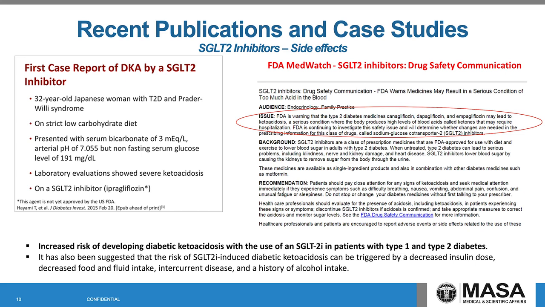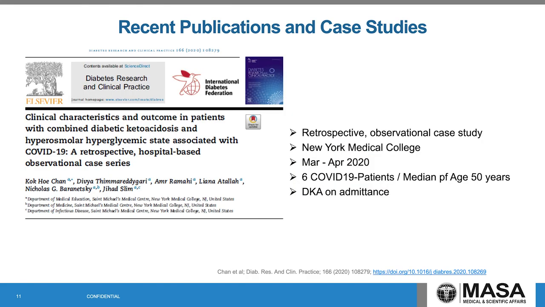Later on, we can read that the FDA also advised in those cases to monitor ketones and glucose in those patients to avoid DKA cases and control the patient's progression.